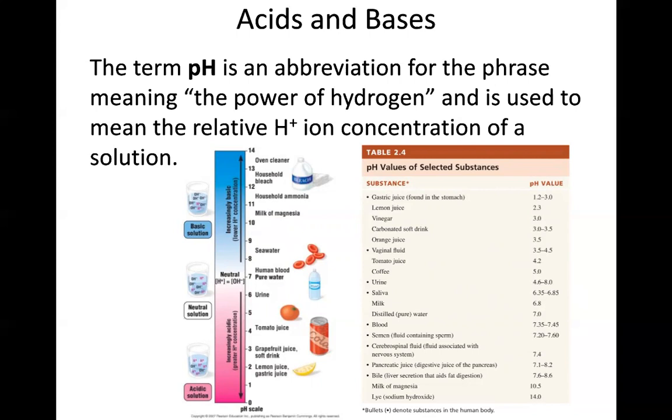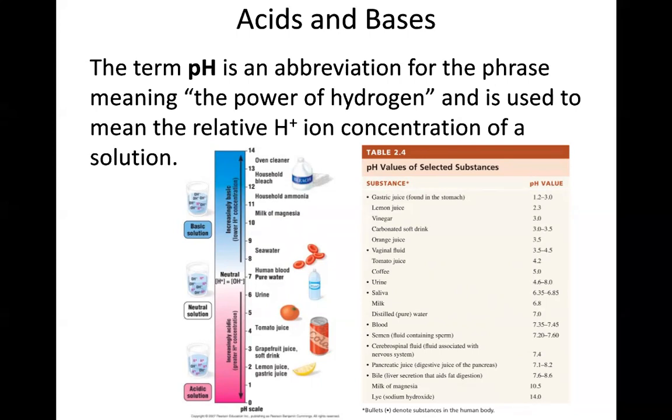It's a very complicated logarithmic scale that you would have to use a calculator to calculate. The great thing is, what you'll need to know is simply a 0 to 14 scale. Between 0 and 14 is 7.0, right? That's smack dab in the middle, which happens to be, as you can see, where pure water is.